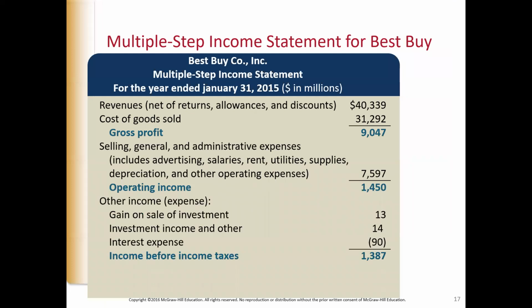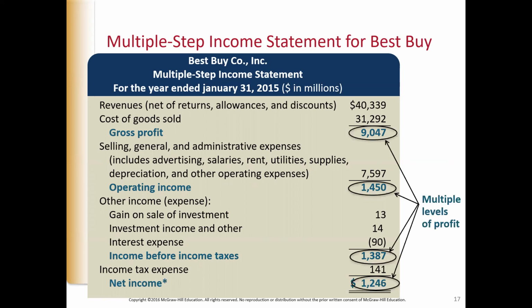Here, you see something that is called a multiple step income statement. The reason it's called a multiple step income statement is because it shows you different levels of profit. From revenues minus cost of goods sold, it shows you gross profit. Then after various selling and admin expenses, it shows you operating income.